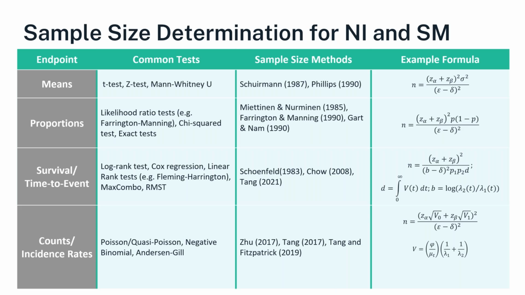The first thing to mention, before any calculation can be done with these tests, is that you do need to explicitly specify your null hypothesis. That's because you're going to need to make a choice of margin in order to get the sample size.